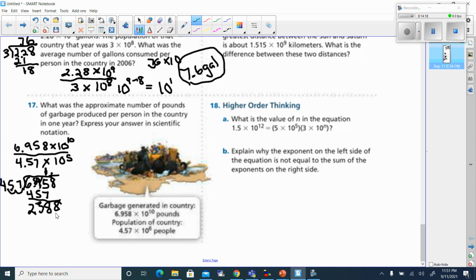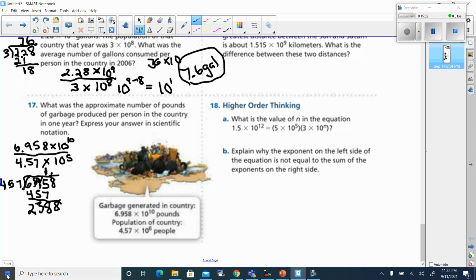Now we have to see how many times does 457 go into 2,388. Let's see here. All right. And I'm just going to guess here that 4 times 7 is 28. So I'm wondering if that's going to fit in there, or if I have to multiply this by 5 to get it close to 20.